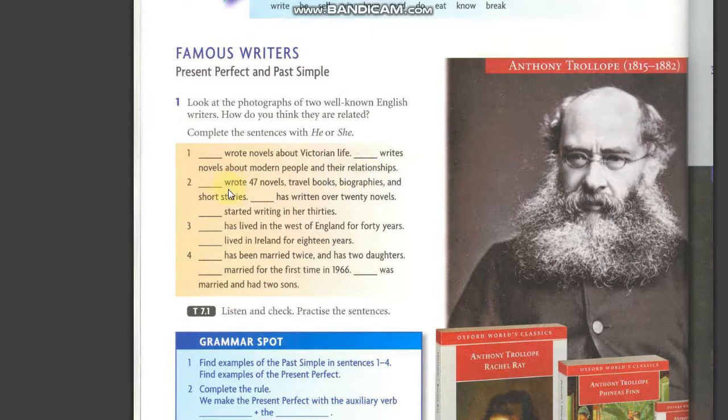Number 2, he wrote 47 novels, travel books, biographies, and short stories. She has written over 20 novels and she started writing in her 30s. Number 3, she has lived in the west of England for 40 years.